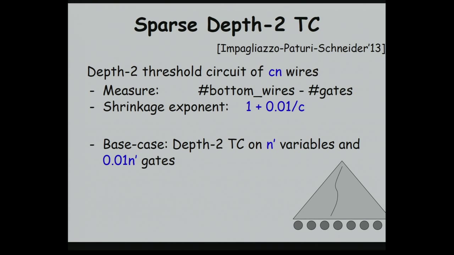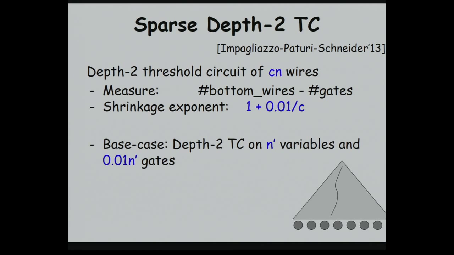It's the number of wires between the inputs and the level 1 threshold gates minus the number of gates. And then by greedy restriction, you can show a shrinkage exponent which is slightly larger than 1. And that will help you reduce the case from a linear number of wires to TC0 with very few gates.